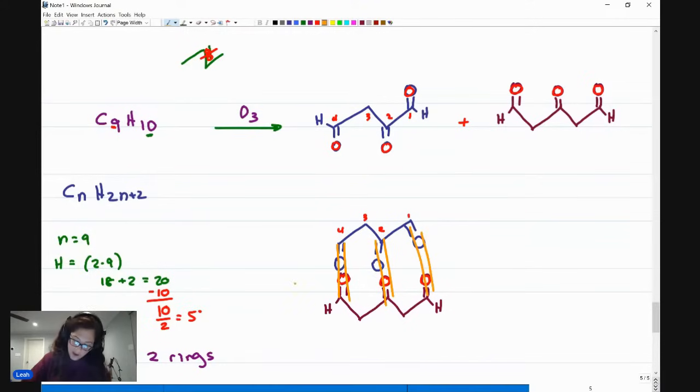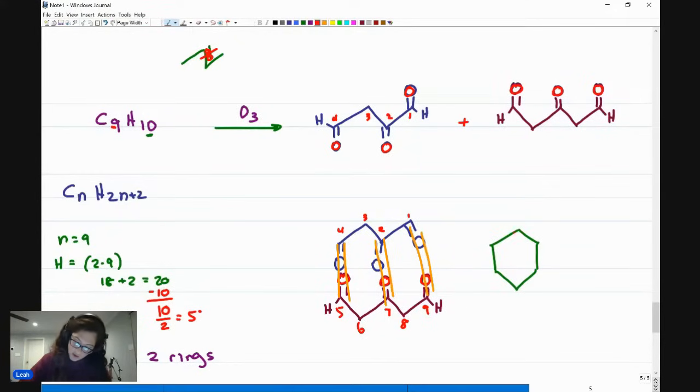So I have 3 pi bonds that I cut like this through ozonolysis. And if I draw it out, I have 1, 2, 3, 4 already numbered, 5, 6, 7, 8, 9. All my carbons are present. And if I try to clean it up, notice that I have a 6-membered ring right there. So I'll draw out a 6-membered ring.